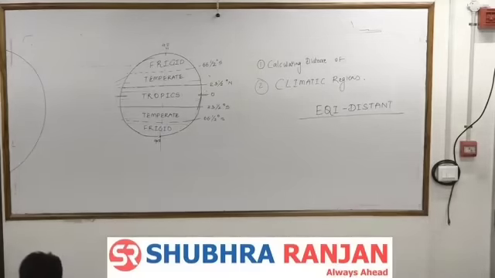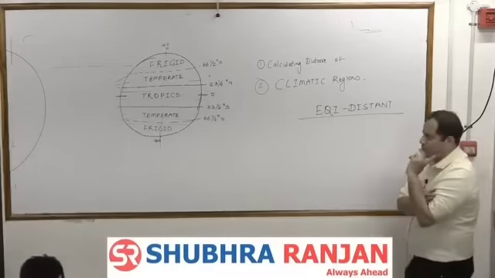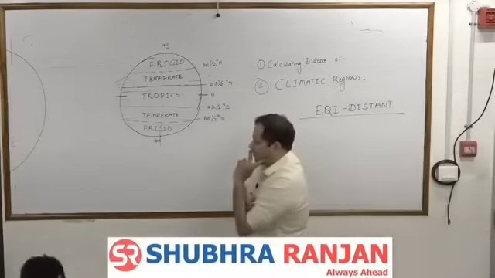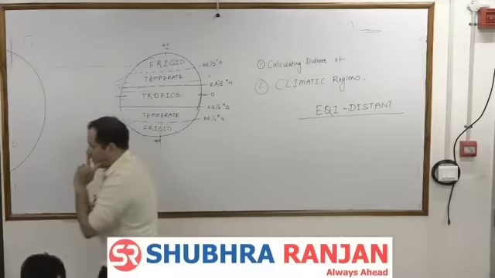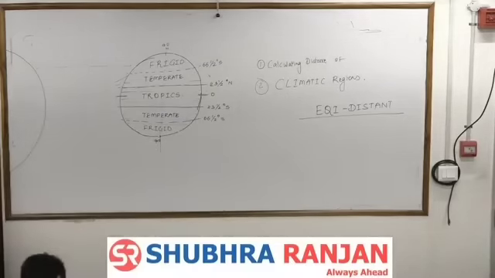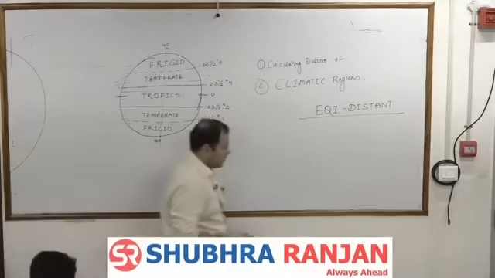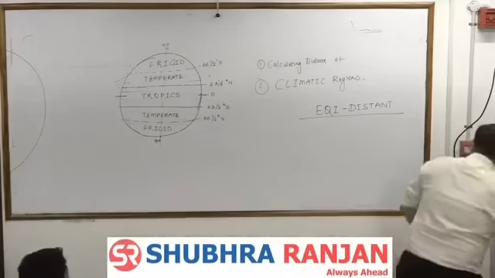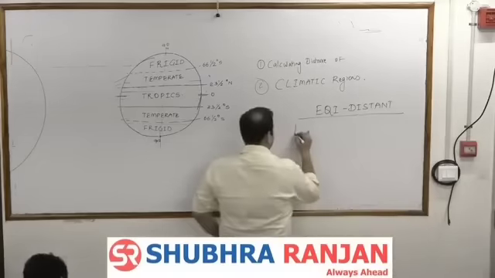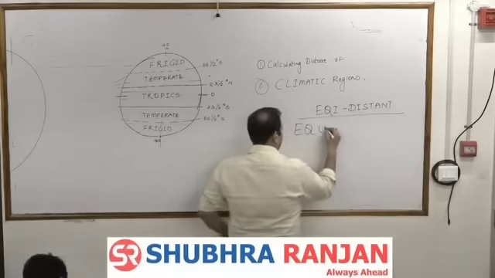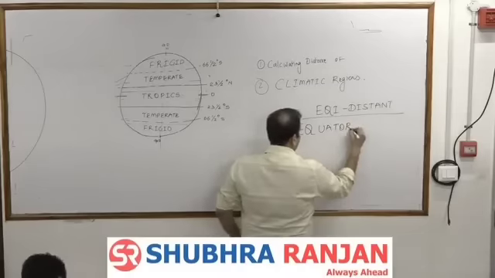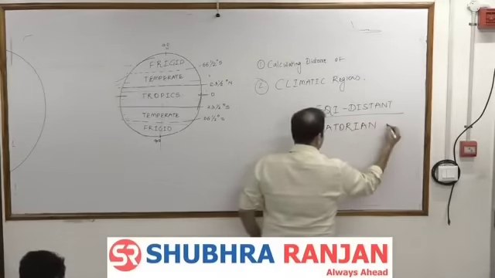Full stop. The zone between 0 to 10 degree north and 0 to 10 degree south is also known as the equatorial region.